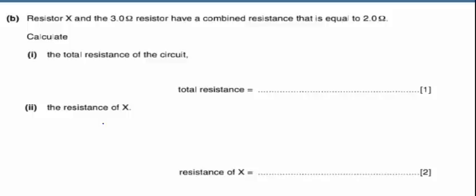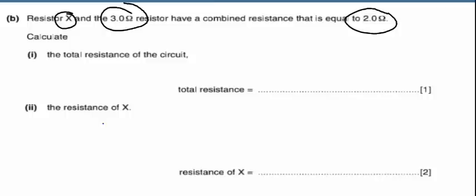Question B reads, resistor X and the 3.0 ohms resistor have a combined resistance that is equal to 2.0 ohms. Calculate the total resistance of the circuit. So when we combine X and 3.0 ohms, we are going to get this one here.